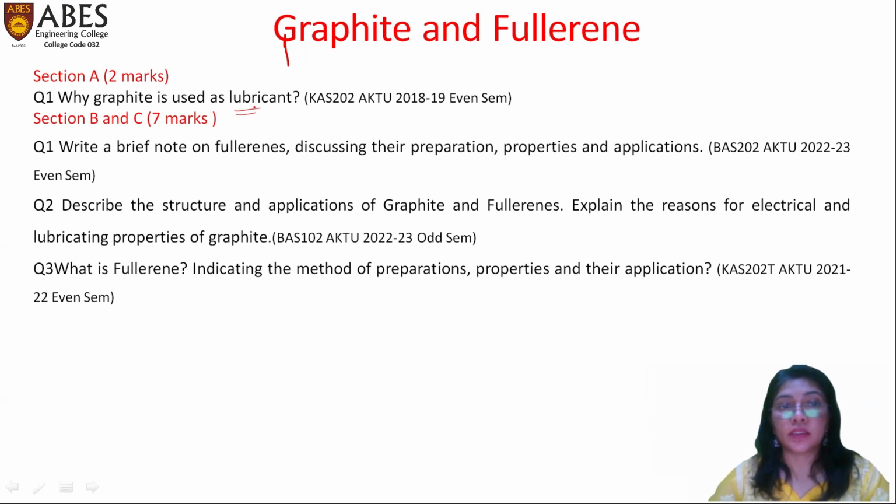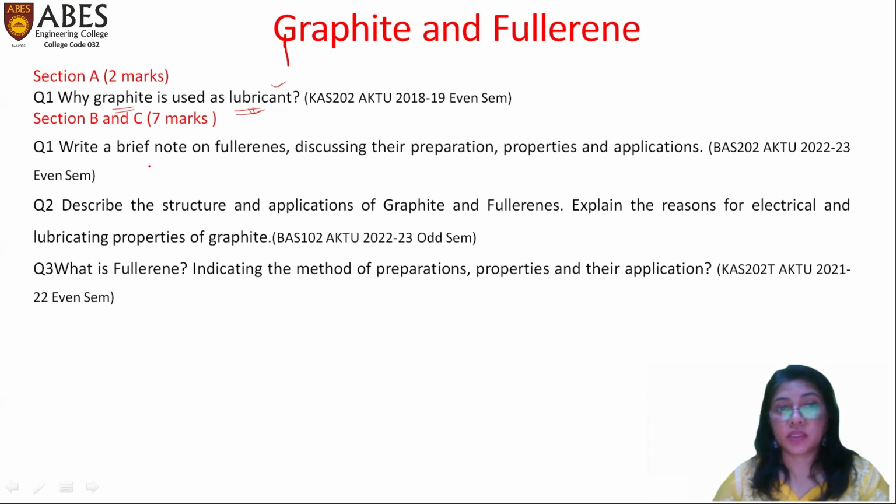This can be explained from the properties of graphite: since the layers of graphite are held by weak van der Waals forces, whenever force is applied, these layers slide over one another, and that is why it is used as a lubricant.